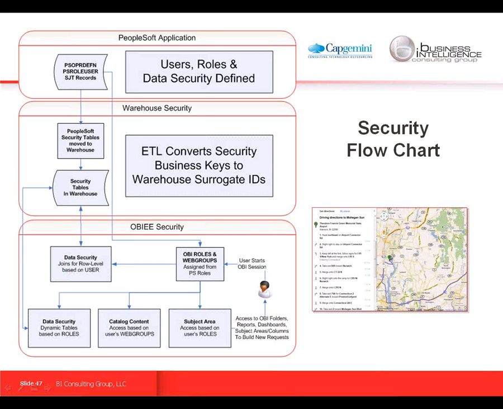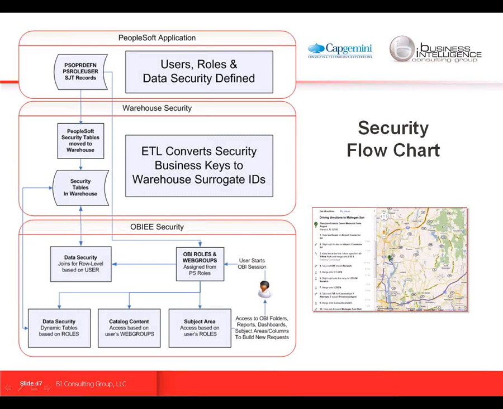Just kind of summarizing, coming back to our flow chart, we can see how we've basically tied our BI authentication, authorization, and data security into PeopleSoft. One thing we didn't touch on a whole lot is in that middle part. You can see that we're going to take the security join tables, not just the roles and users out of PeopleSoft, but we're going to bring the security join tables into the warehouse.